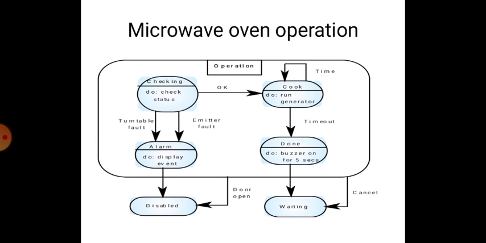So we have expanded in this diagram the operation, which is one of the superstates. It is expanded here into substates such as checking, alarm, cook, done, and also disabled and waiting states. You can check how this superstate is expanded into the substates.